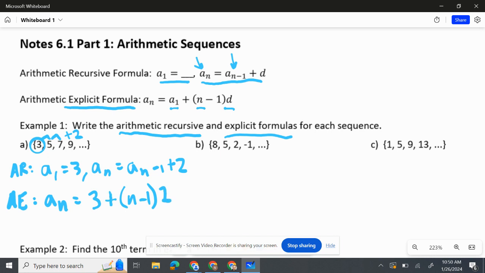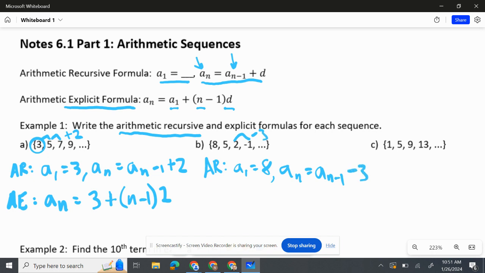Now for the second one, what we have is our first term being 8, then we have a sub n equals a sub n minus 1. And we notice that with our pattern, it's going down by 3.